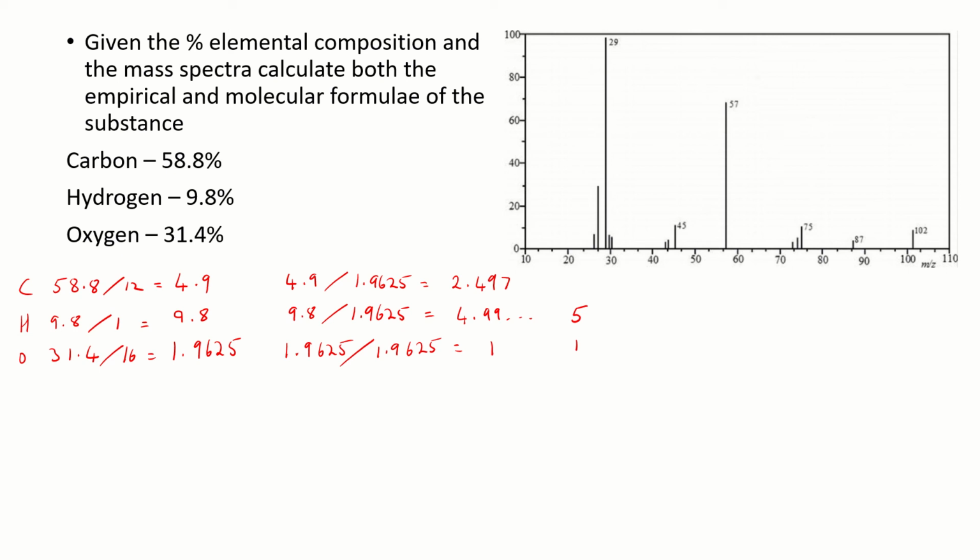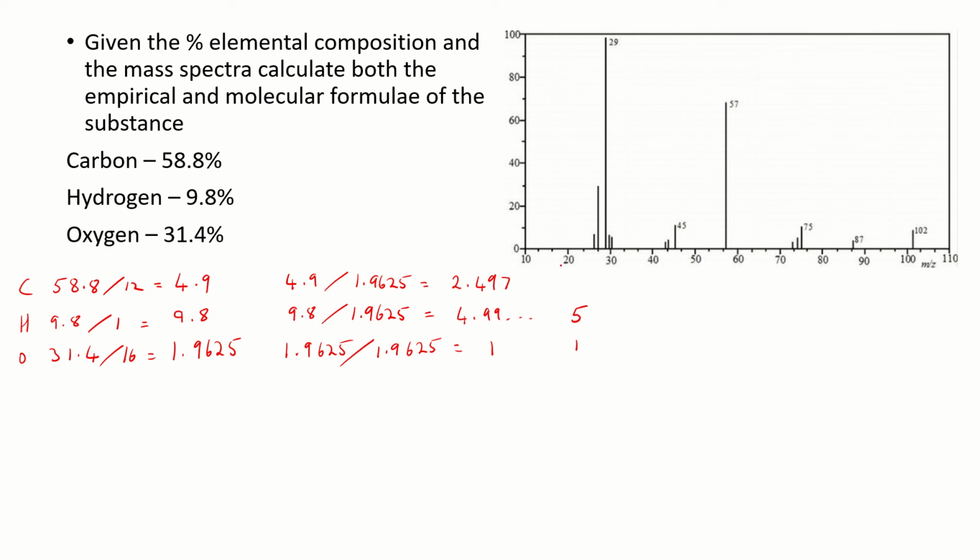2.497 you can see is fairly close to 2.5. Now 0.5 is a common fraction. You should be aware of your common fractions: quarters, thirds, halves, 3/4, 2/3, even less common ones, like 8ths and such.